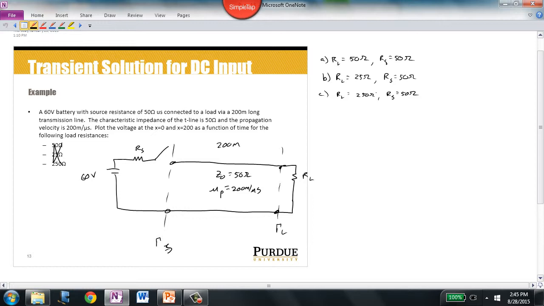The first thing we will do is calculate the initial value of the voltage waveform v of 0, 0. This is the voltage at the input end, the instant that the switch is closed.